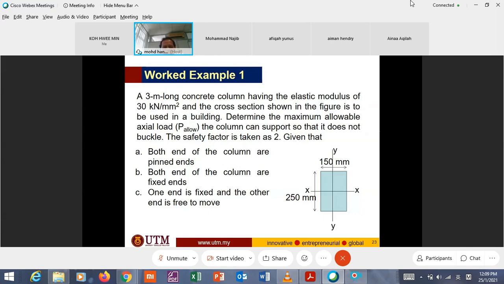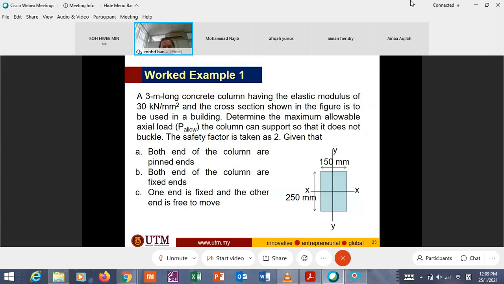The value of elastic modulus E differs for different types of material. What is the E value for concrete? What is the E value for steel? For aluminium? For timber? For copper, and so on.